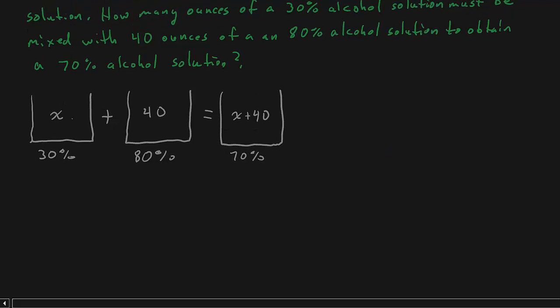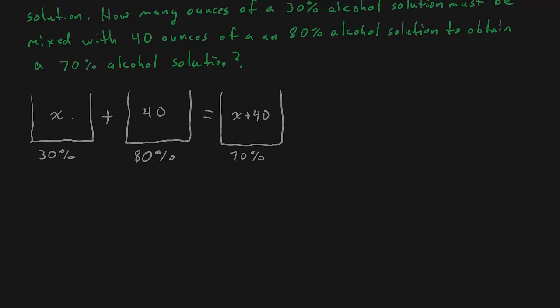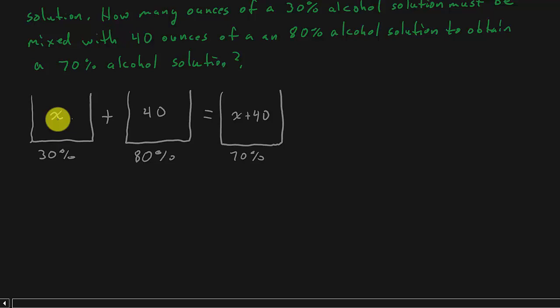All right, so now let's set up our equation. So I got 30% of x ounces plus 80% of 40 ounces equals 70% of this.